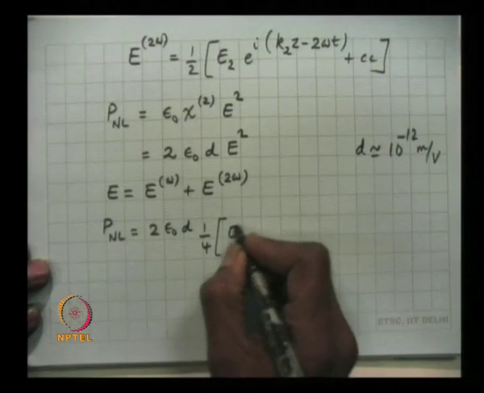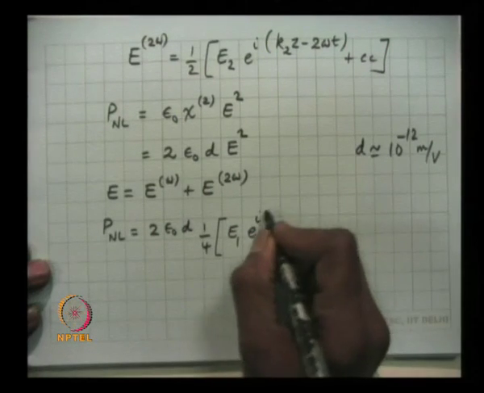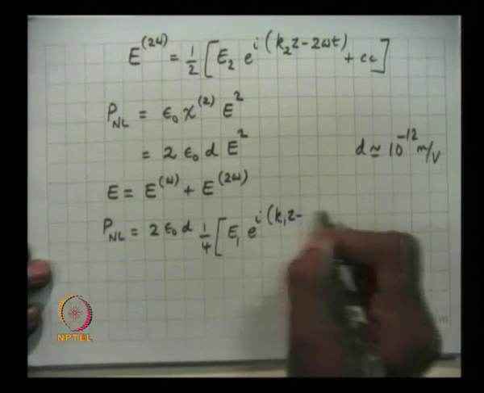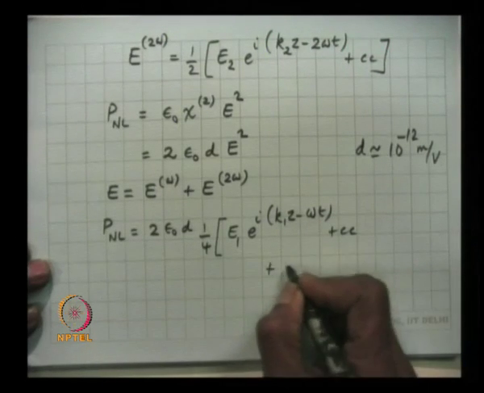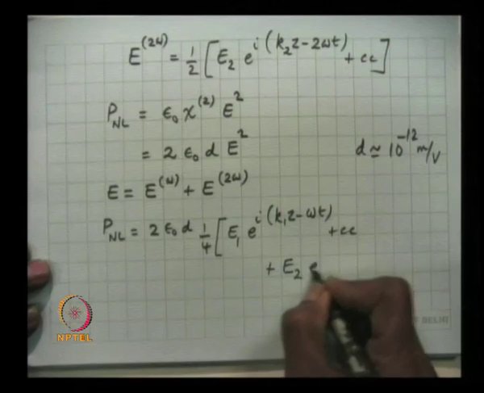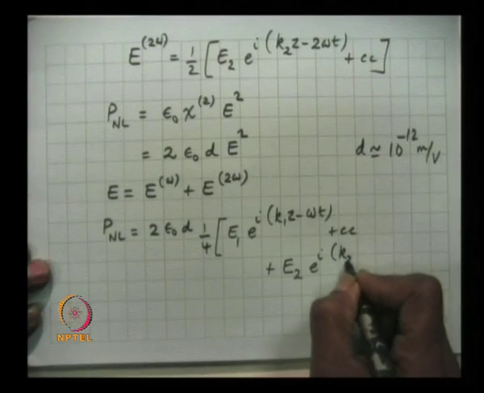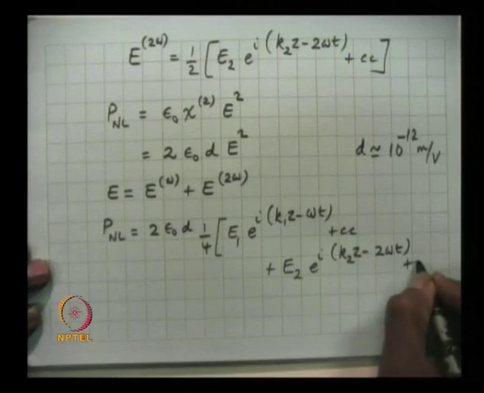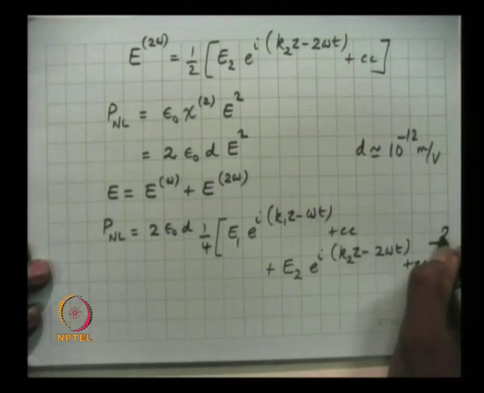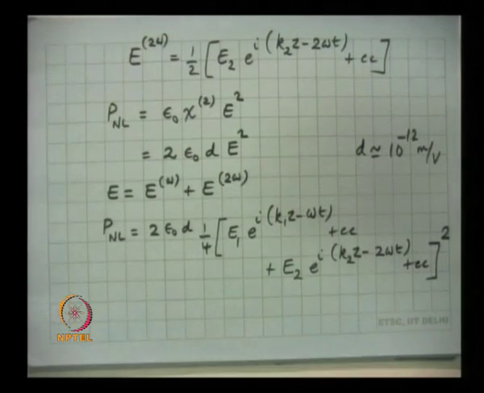So, I will have E 1 exponential i k 1 z minus omega t plus complex conjugate, plus E 2 e to the power i k 2 z minus 2 omega t plus complex conjugate, whole square. Okay, so this is E square.